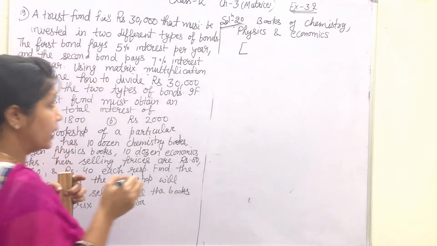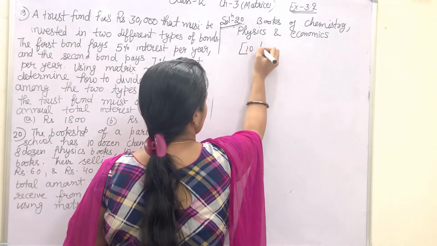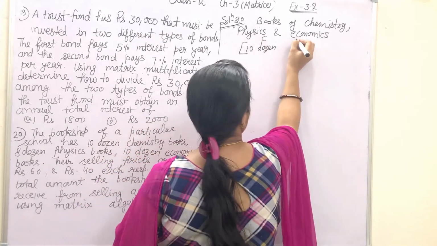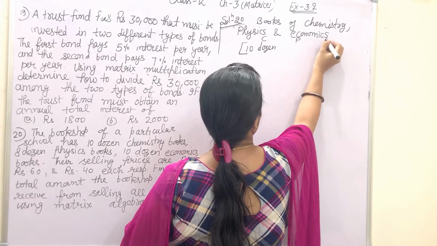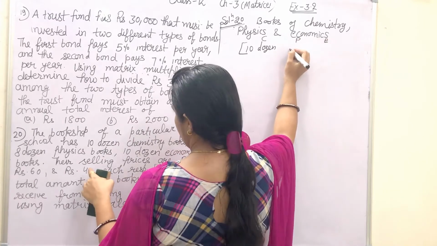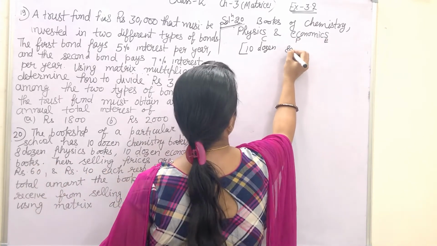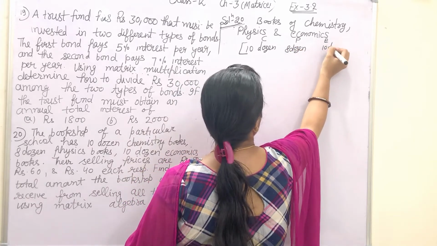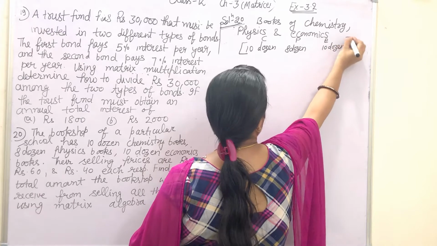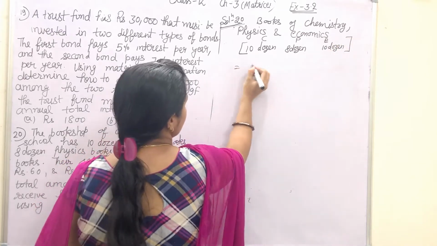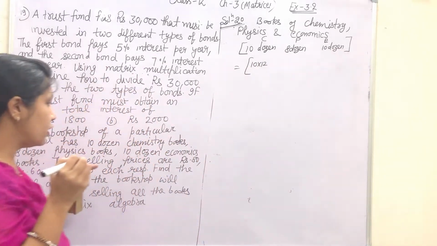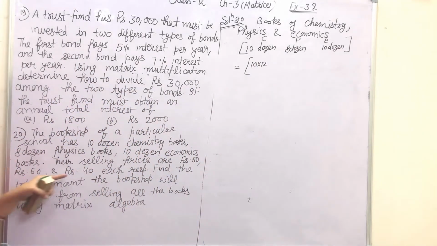Chemistry books are 10 dozen, physics are 8 dozen and economics are 10 dozen. We can write it as 10 into 12 because we have given the prices of each book.